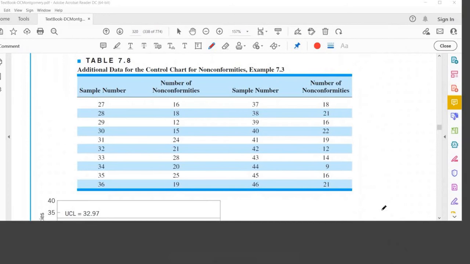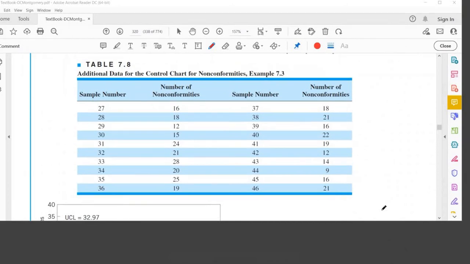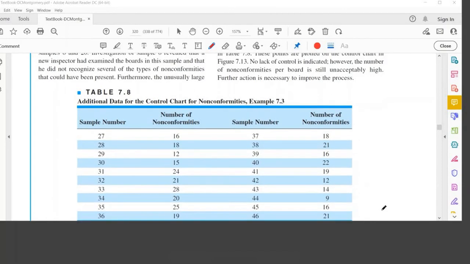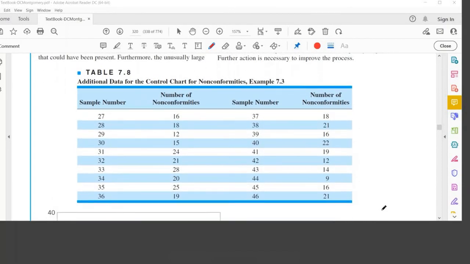If you do revision, same case as the P chart, we can also do revision. In this case you continue collecting the data, 27, 28, and so on. So how do you compare this performance?